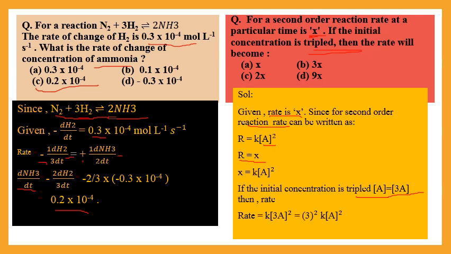Taking 3 squared outside as a constant, it will be 3 squared into K into A squared. And we know that K A squared is none other than X. So the new rate will be 9X, since 3 squared is 9. So the correct answer is 9X, and option D is the correct option here.